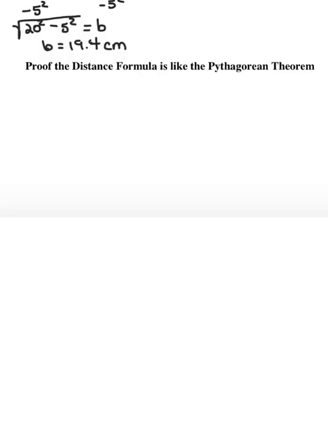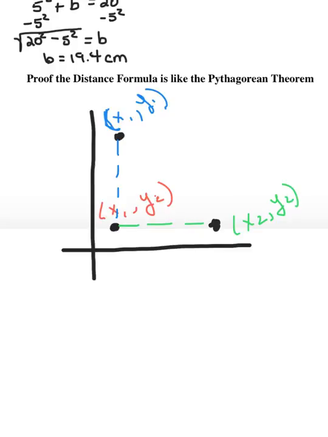The next thing we're going to do is prove that the distance formula is like the Pythagorean theorem. I'm going to start with drawing a diagram, and then I'm going to explain how we can prove this. All right, so first of all, to prove this, I've drawn the first quadrant of a Cartesian plane.